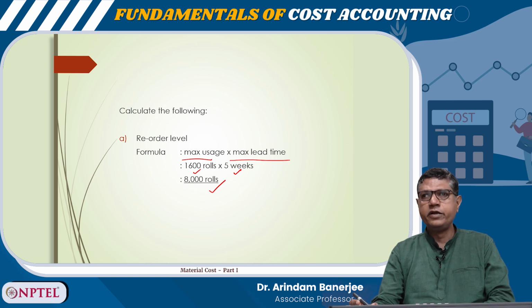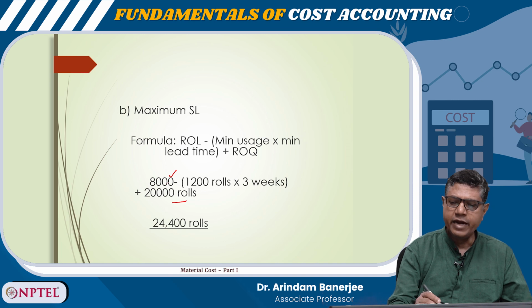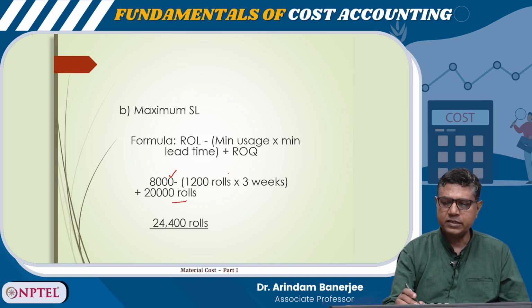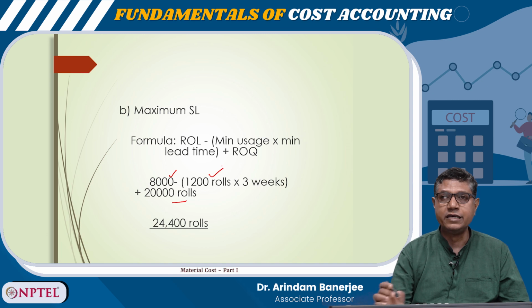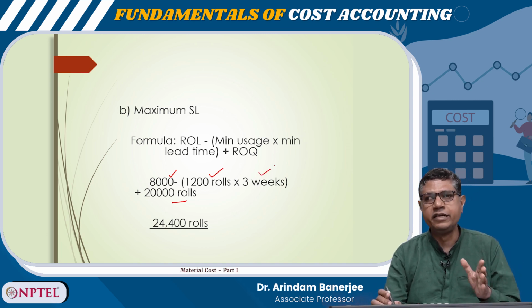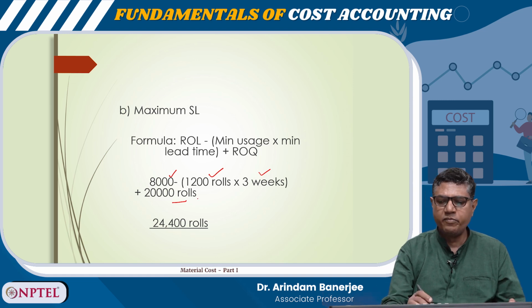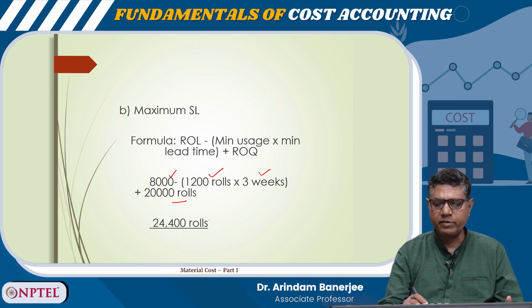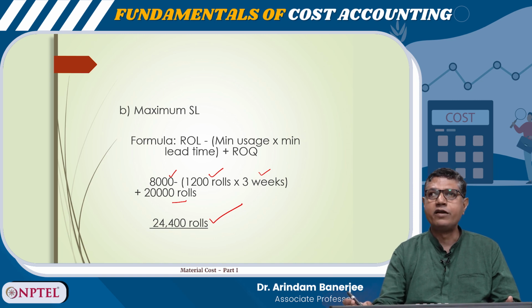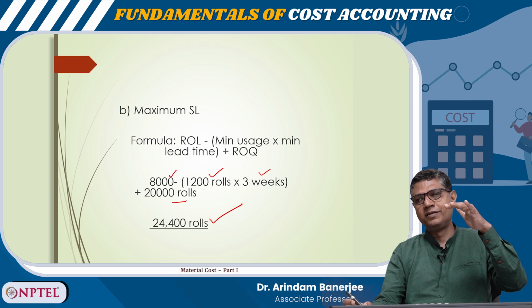So, 8,000 we calculated already, plus minimum usage is 1200 rolls, given in the question, into 3 weeks, the minimum lead time, because it is importing from China. It is 3 to 5 weeks. So, minimum lead time is 3 weeks plus 20,000 as we calculated. It is coming to 24,400 rolls. So, this is the maximum stock level the company should keep.